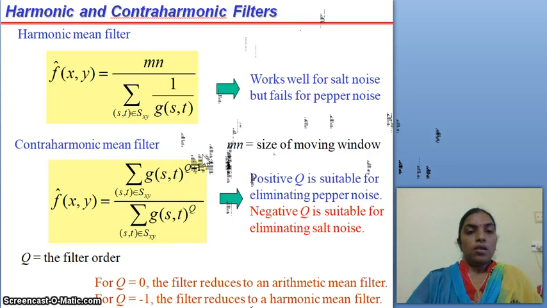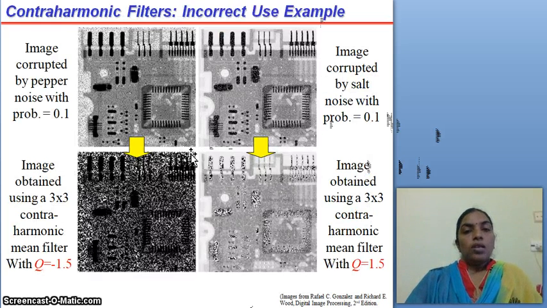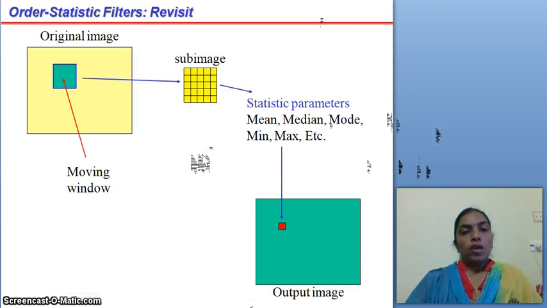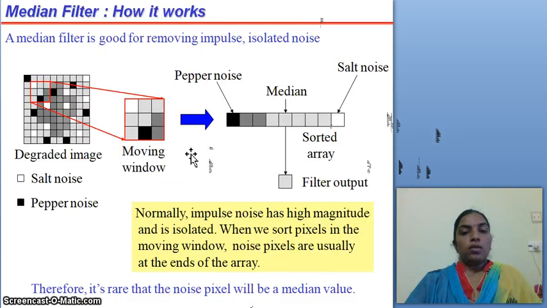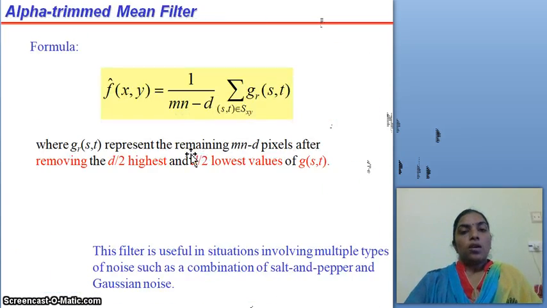In the same way, here you see order statistics filters also. Order statistics filters means median, minimum, maximum filters like that, and midpoint filters, right? So many filters are there to reduce the noise.